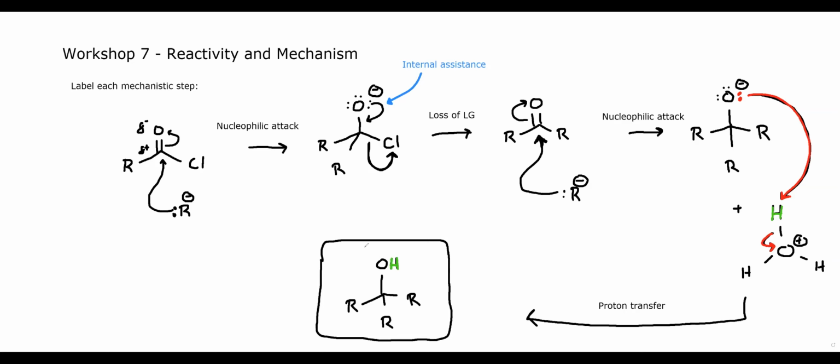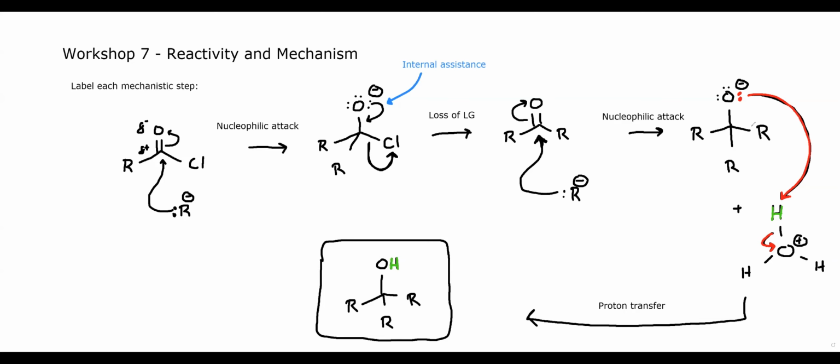Okay, so going through the whole mechanism one more time, we start with this. This is called an acyl chloride. It is attacked, nucleophilic attack to the carbonyl. The electrons are kicked up. Internal assistance helps the leaving group leave. The chlorine leaves, reforming the carbonyl. The carbonyl is then attacked once again, nucleophilic attack with R minus.